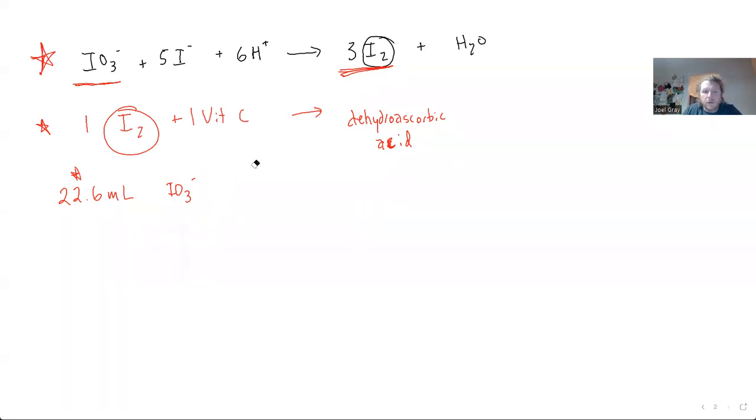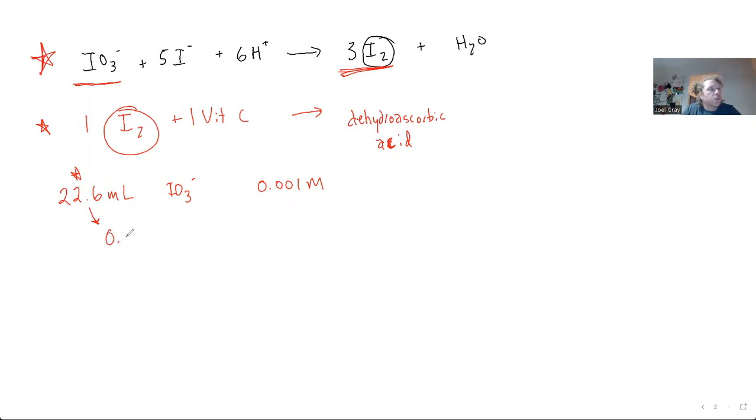One thing that I need to include is I need to do the math to convert this into number of moles. So 22.6 milliliters of IO3 with a solution that has a concentration of 0.001 molar. Convert this 22.6 into liters.